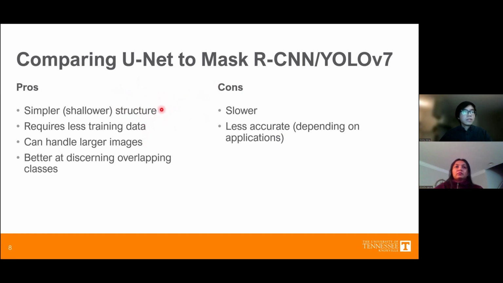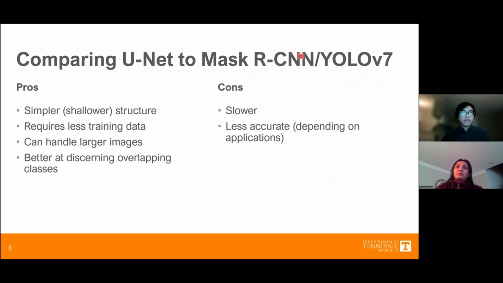And UNets could also handle larger images, and particularly UNets could handle images of different sizes much more effectively than Mask R-CNN and YOLO version 7, because Mask R-CNNs and YOLO version 7s incorporate a branch on assigning classification labels to entire bounding boxes, and that requires a flatten operation.